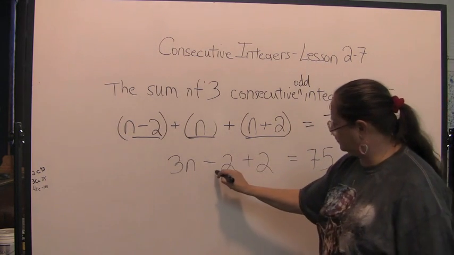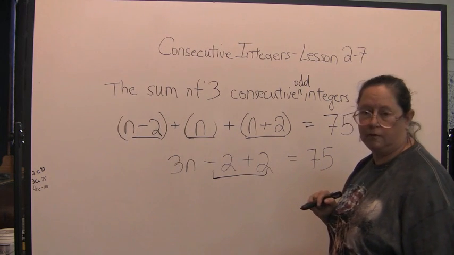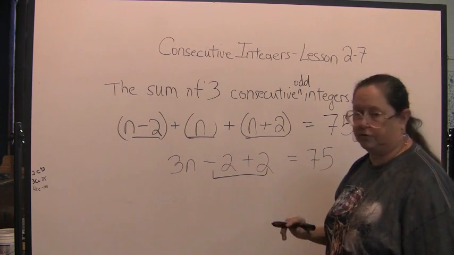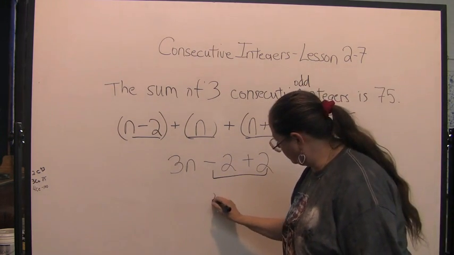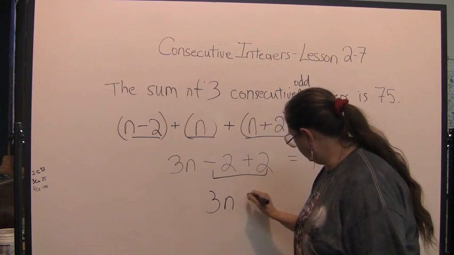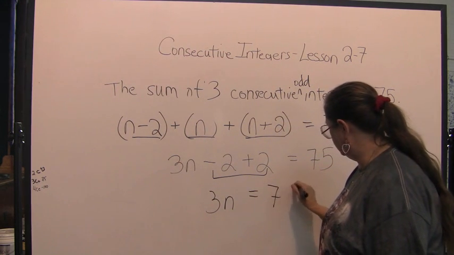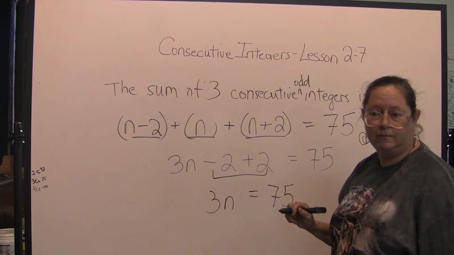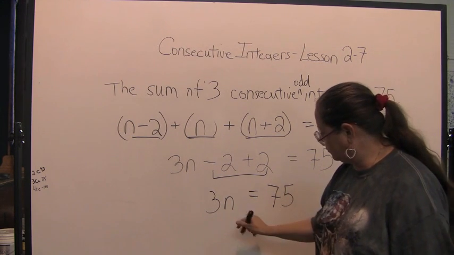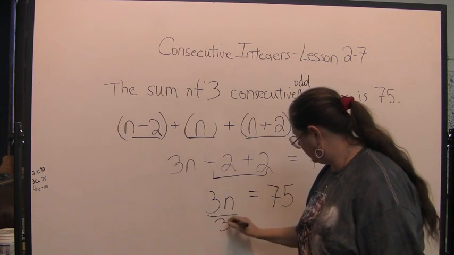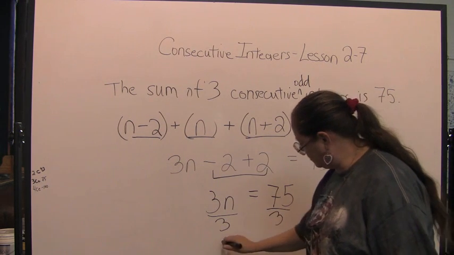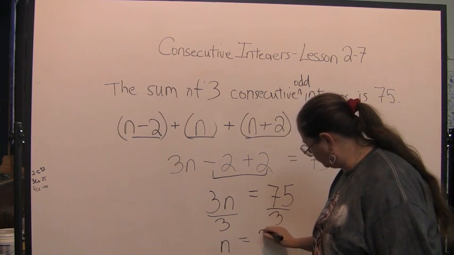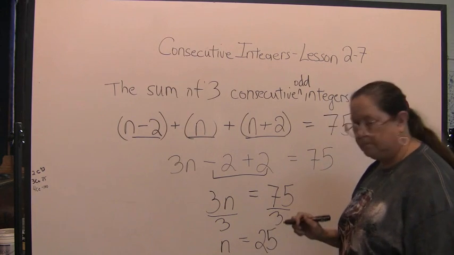This is going to give us a 0, a number and its opposite. So that leaves me with 3n, 3 narwhals is equal to 75. Divide by 3. And each narwhal is worth 25 points.